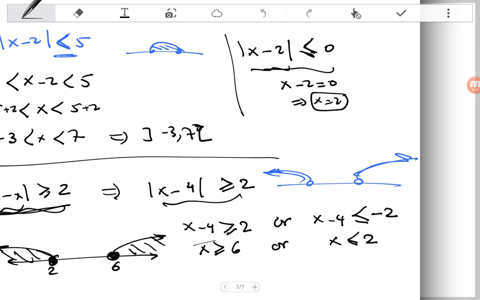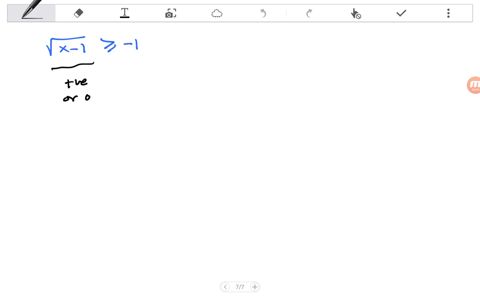What about in this case? We know that the output of a square root gives me a positive or 0 value. So I'm asking you, when is this side that is positive or 0 greater than or equal to a negative value? It is always greater than.